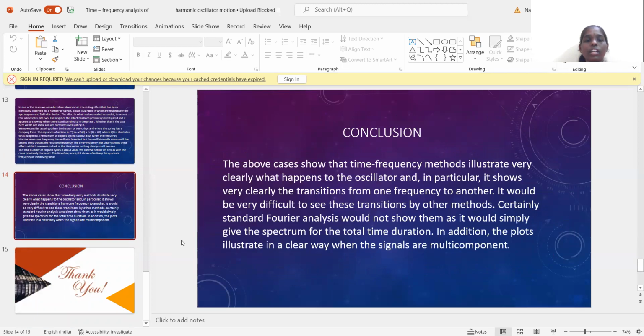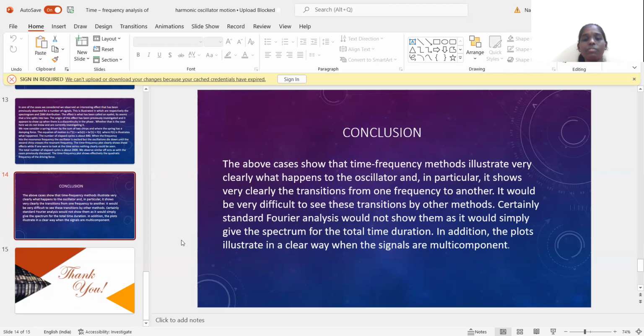Conclusion. The above cases have shown that the time frequency methods illustrate very clearly what happens to the oscillator, and in particular it shows very clearly the transitions from one frequency to another. It would be very difficult to see these transitions by other methods.